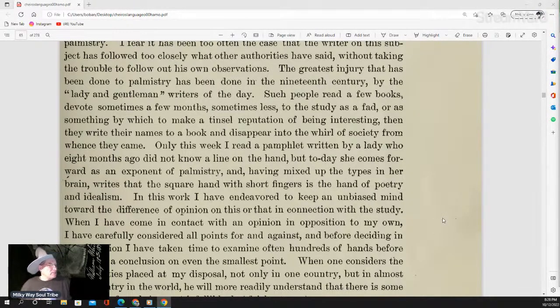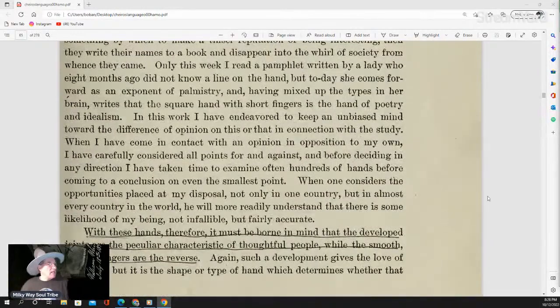And in this connection, when I have come into contrast with opinions opposed to my own, I have carefully considered all points for and against before deciding in any direction. I have taken time to examine often hundreds of hands before coming to a conclusion on even the smallest point.